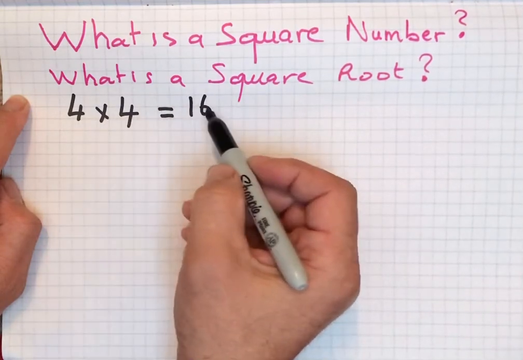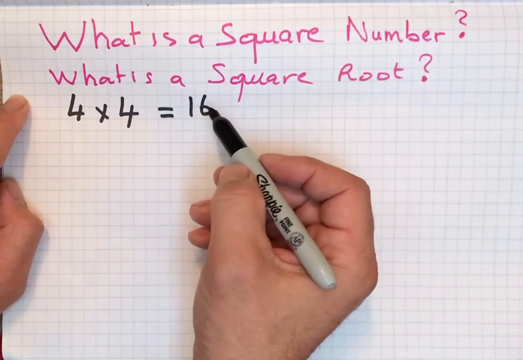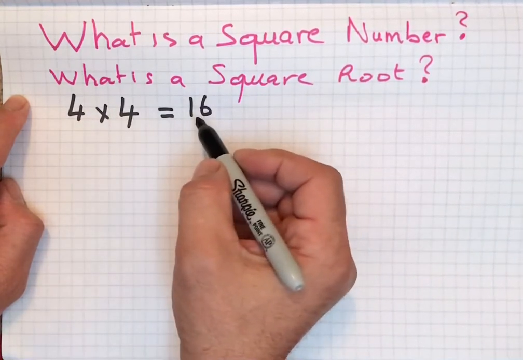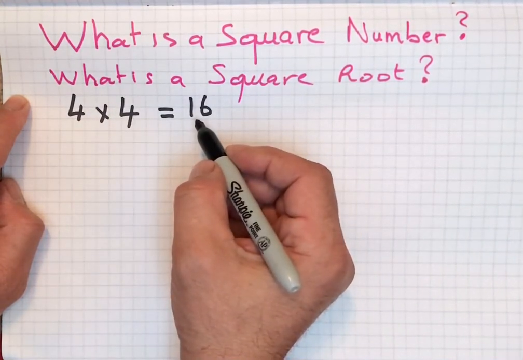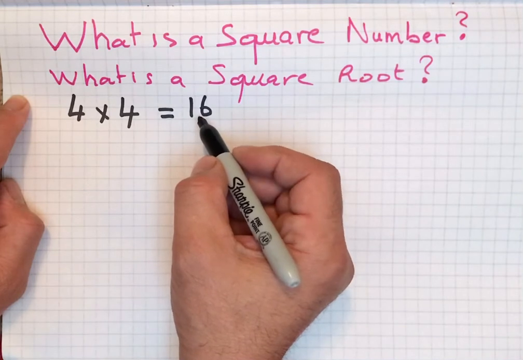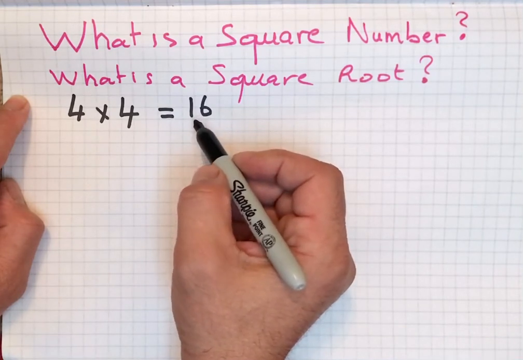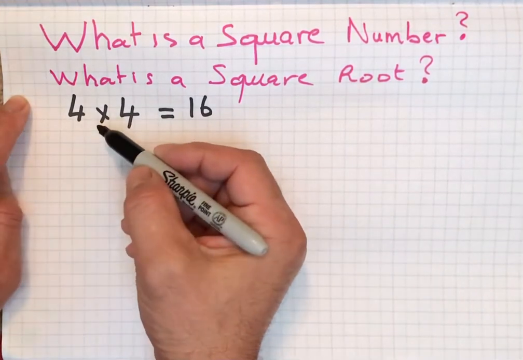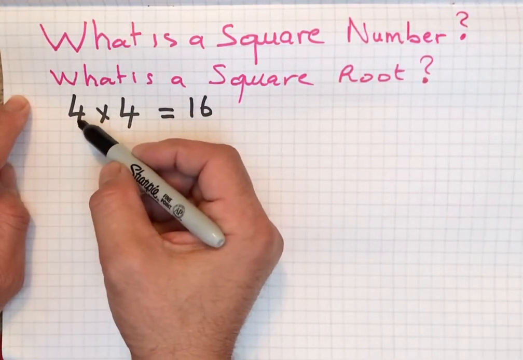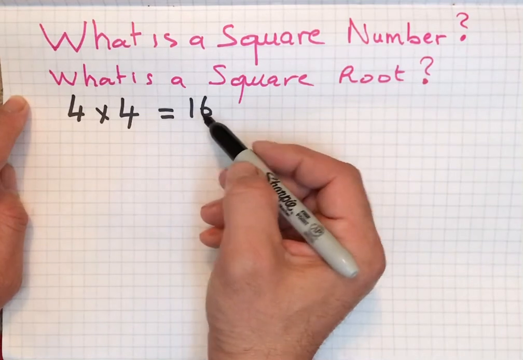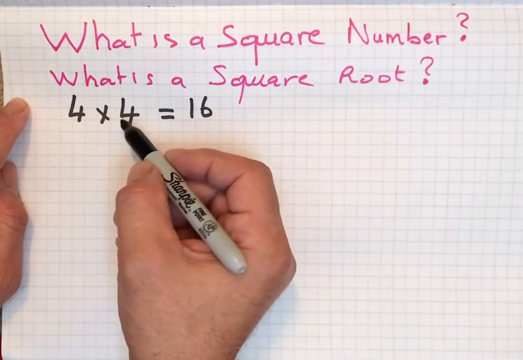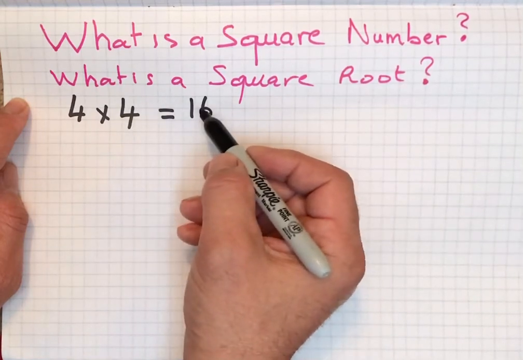So since 4 times itself gave us 16, we can say that the square number of 4 is 16. In other words, 4 times itself is 16.